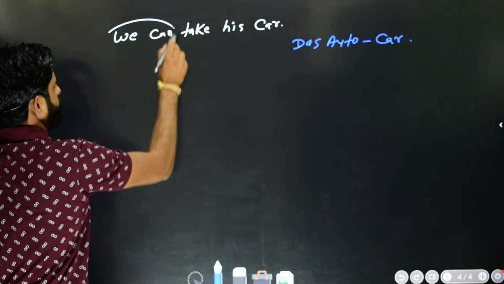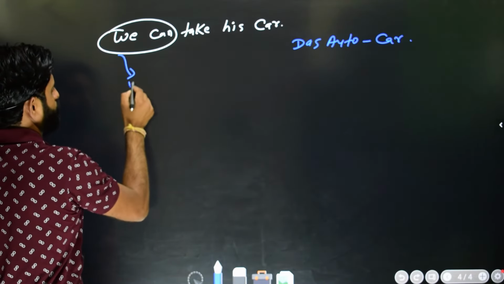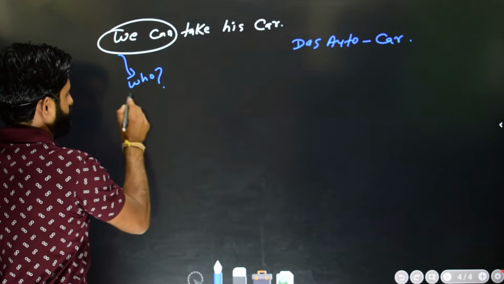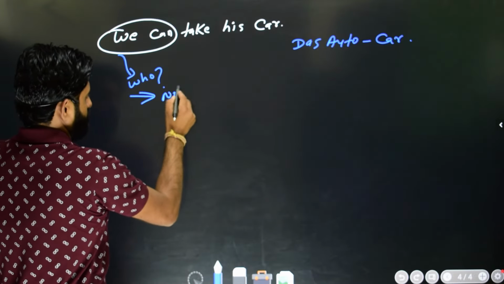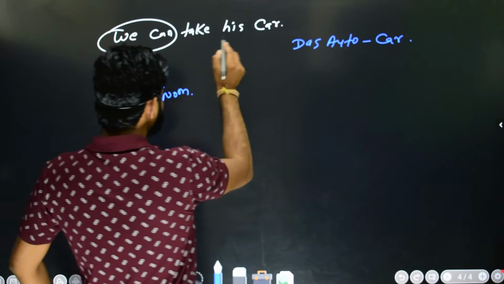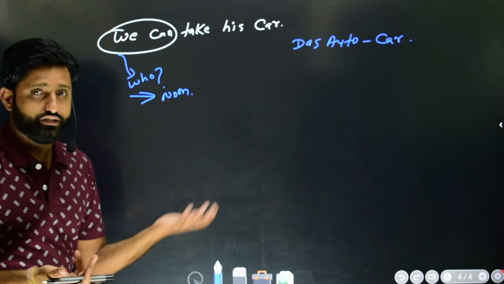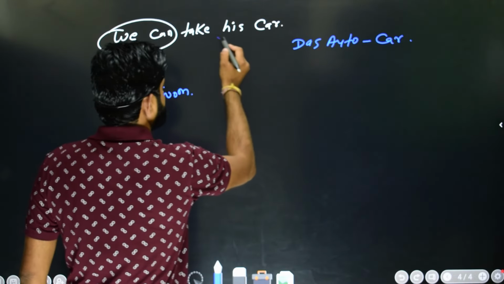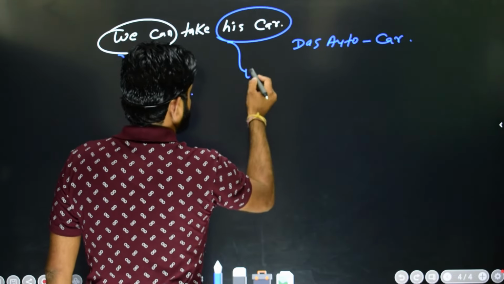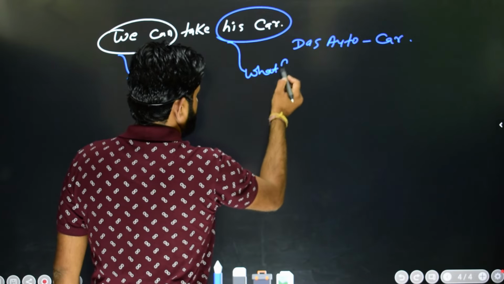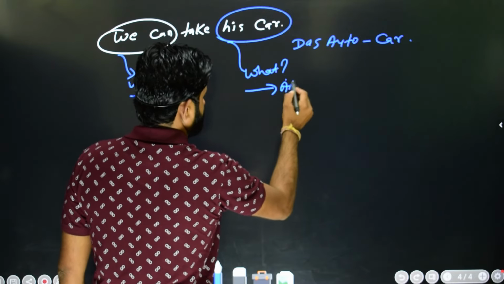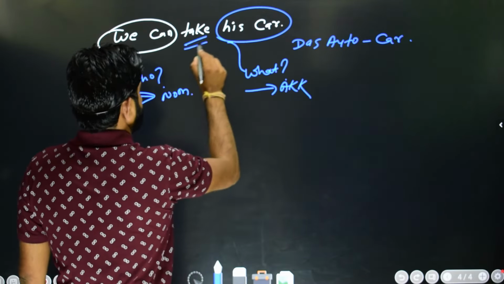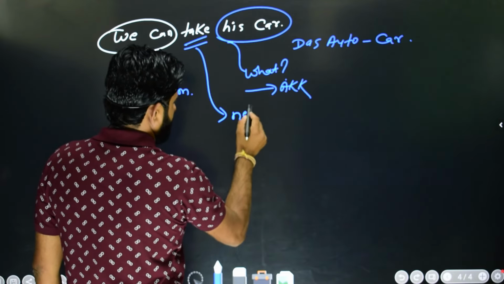Who can? The question is with who. So it should be nominative. And what can we take? His car. So the question is with what here. So this will be accusative. And take is nehmen.